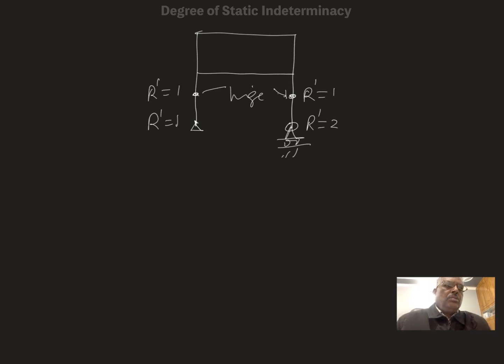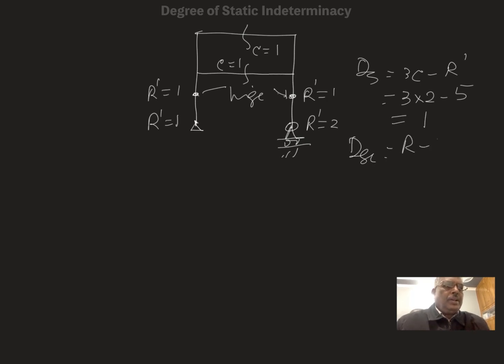Now I am cutting to make the tree-like structures. So we will cut 2. DS is equal to 3C minus R dash. So 3 into 2 minus R dash, 3 and 2, 5. So this is 1. DSE is R minus 3.